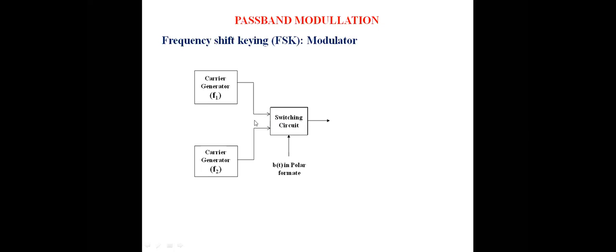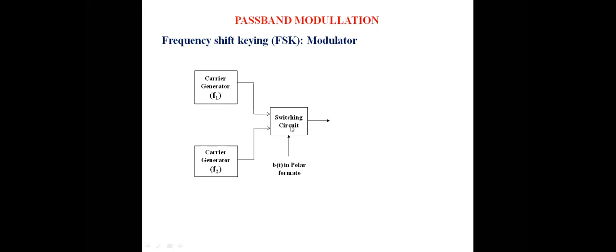This switch circuit will switch either carrier generator 1 or carrier generator 2 to the output. So if the binary input is high, the switch circuit will connect the upper carrier generator to the output. So the output is an FSK with the frequency of the upper carrier generator, that is F1.